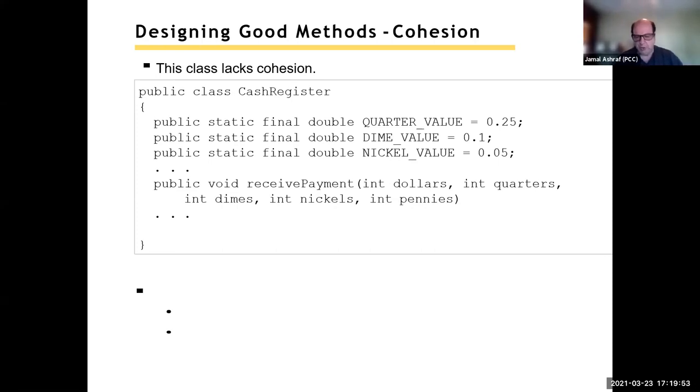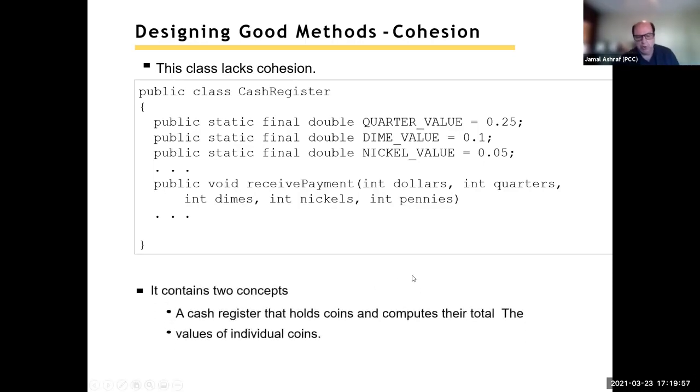Cash register is not a coin. They are not the same thing. So we have a cash register that's going to hold coins and compute the total, but the value of individual coins is a separate concept.